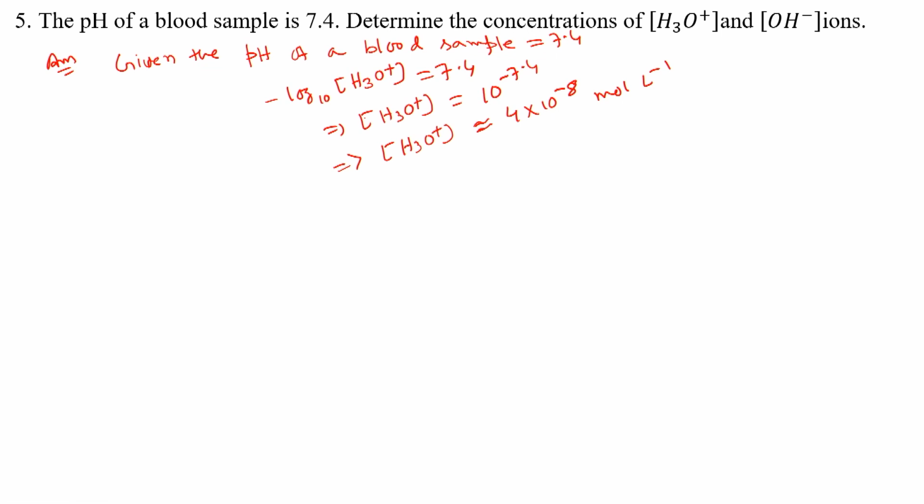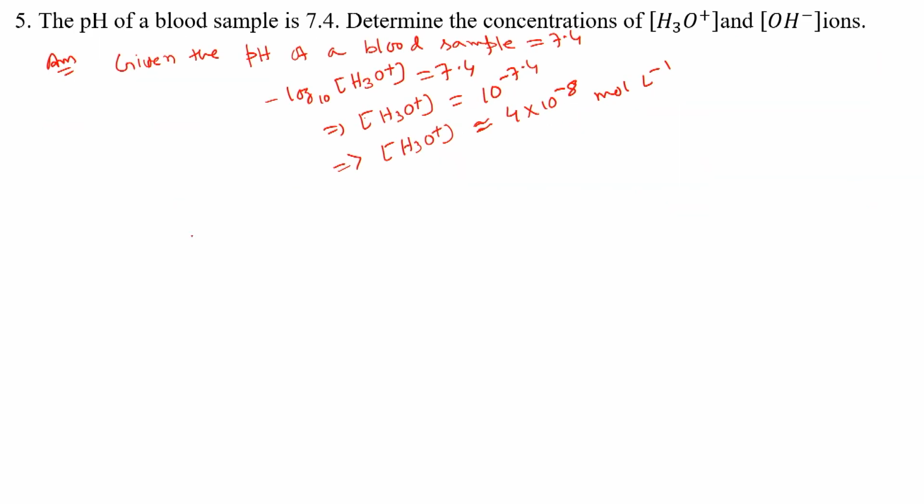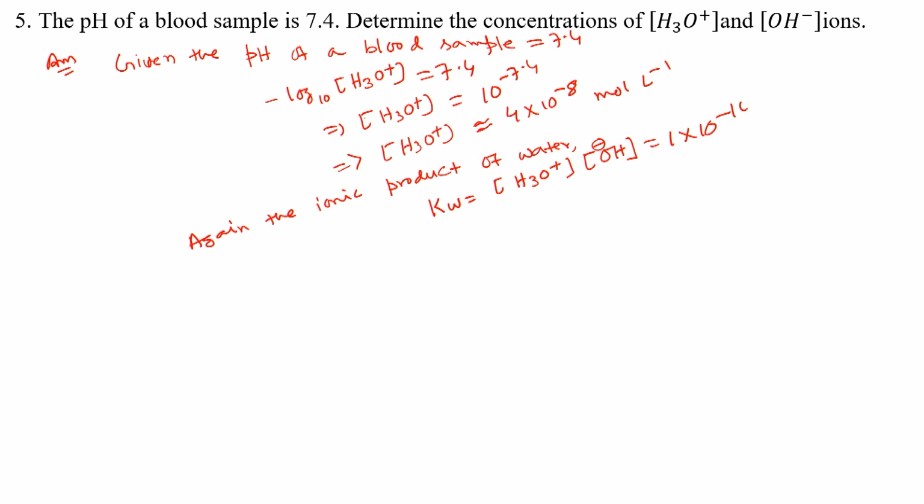So, again if we use, like before, the ionic product of water here also. Kw is concentration of H3O plus times concentration of OH minus, and the value again is 1 times 10 to the minus 14 at 298 K. So, we are considering 298 K temperature.